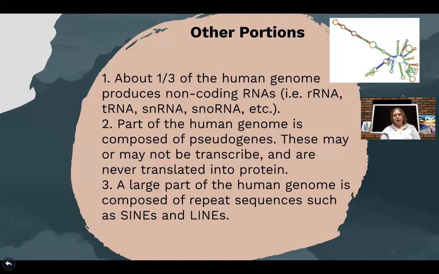And point 3, a large part of our human genome is composed of these repeated sequences such as SINEs and LINEs. Now, we've talked about SINEs and LINEs in the previous chapter. And we said that the SINEs are the shorter sequences and the LINEs are the longer sequences, but they're just repeating sequences of bases. And as we've mentioned before, we don't really fully know what these are.